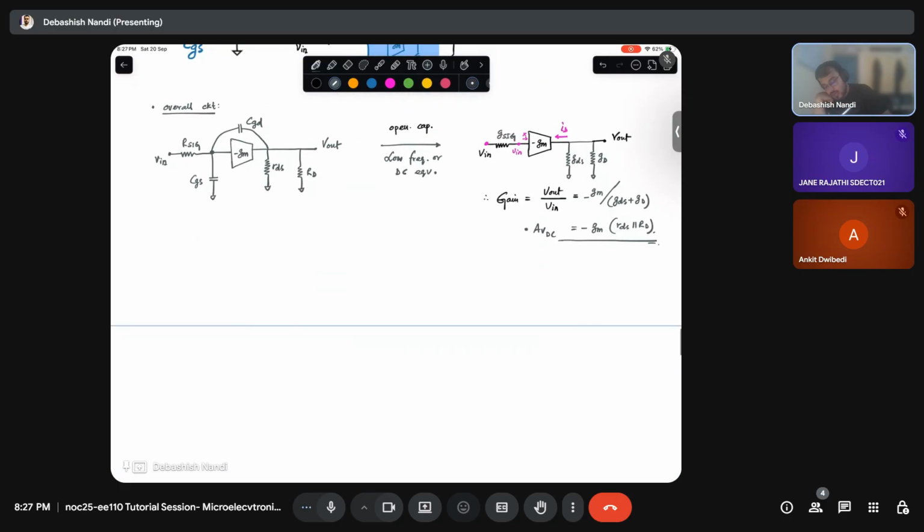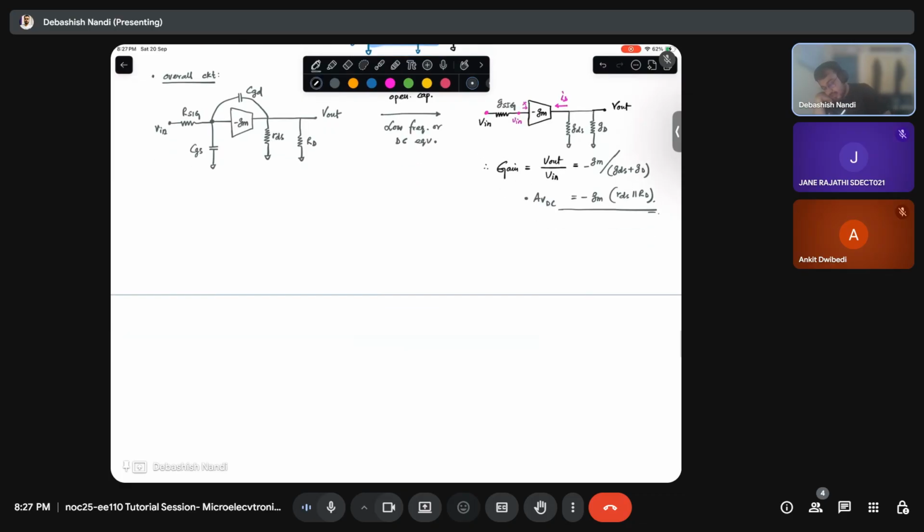Now I want to represent this same circuit in this form. CGS, CGD1.